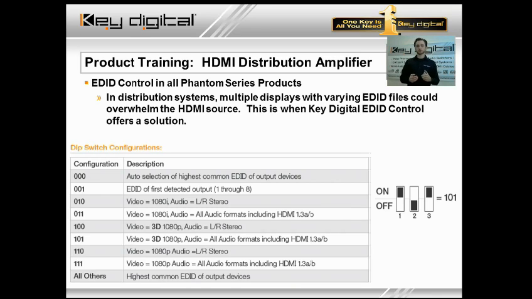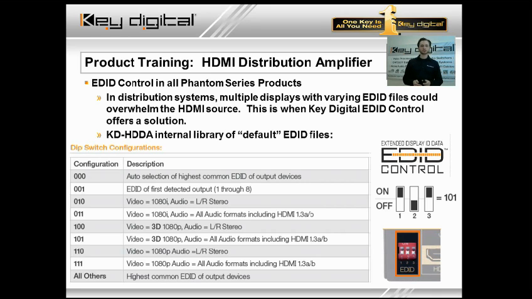There's also 001, down, down, up, which is the first detected output. Now, this is not output 1. This doesn't mean whatever's on output 1 is going to determine the handshake. It's the first detected. So meaning you power up your system, and whichever device provides its EDID information first, we're going to work with that EDID file and relay it to the source.